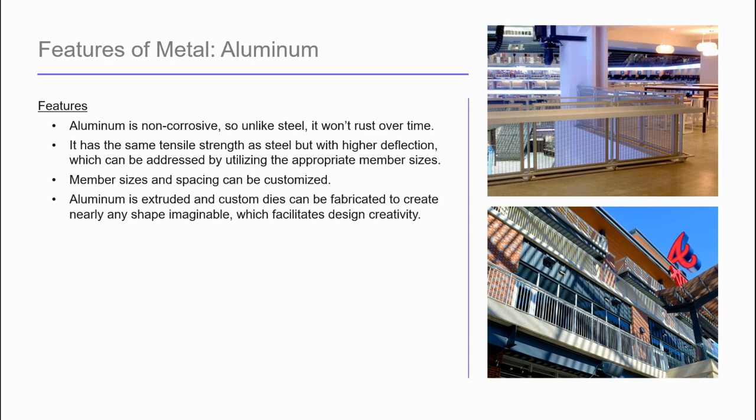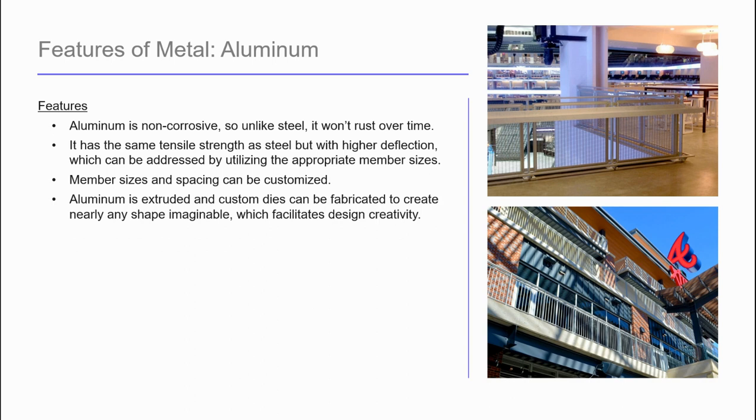It has a much better ability to outperform steel in an exterior environment, unless the steel is either galvanized or coated. It generally has the same tensile strength as steel because it's usually heat treated. It has a little bit higher deflection though because it's actually 3 times less stiff than steel. But that can be addressed by utilizing the appropriate member sizes. Member sizes and spacing can be customized, of course, to mitigate that issue.